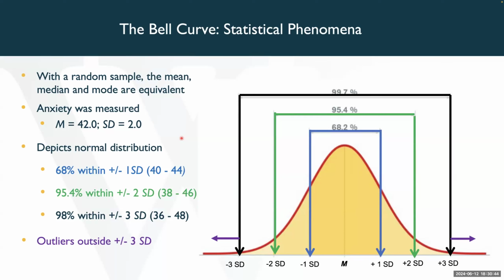What does it truly mean? Well, it's a statistical phenomenon and really a natural phenomenon, meaning that if you were to take 100 people and get their GPA scores, 100 people would give us their GPA scores.